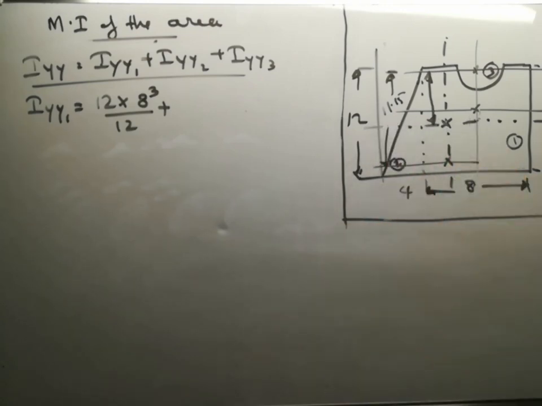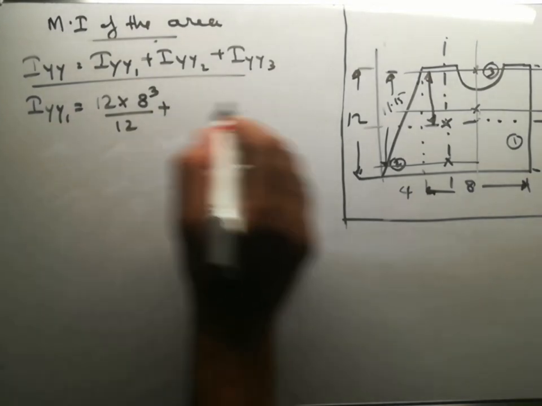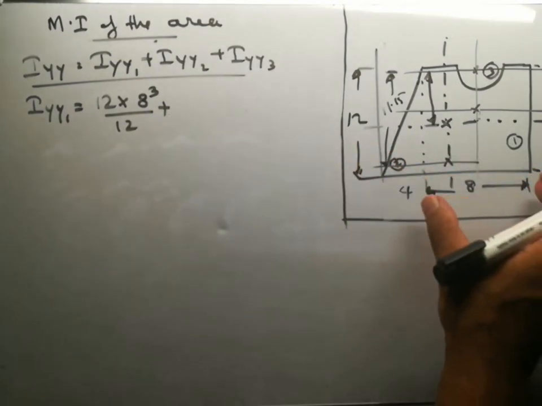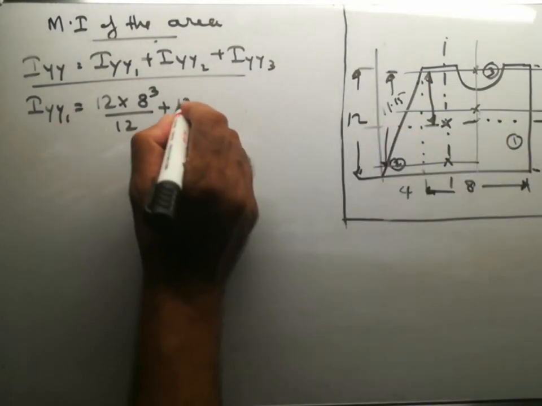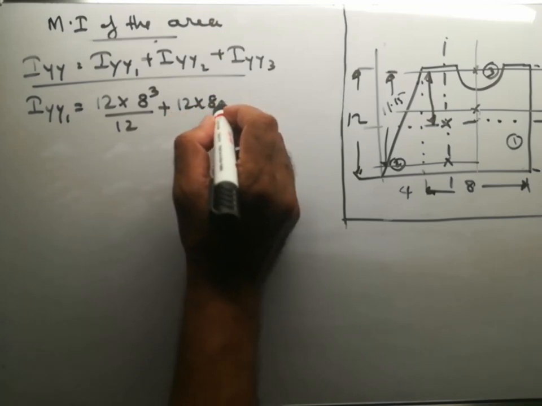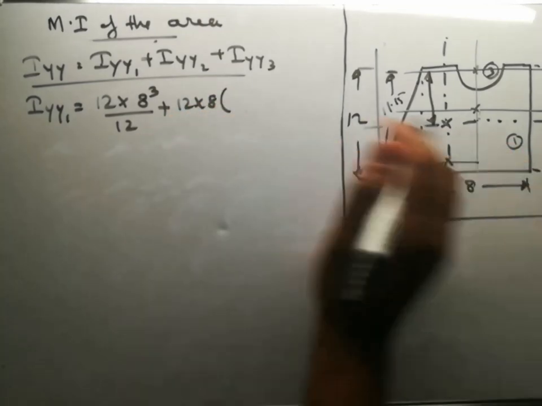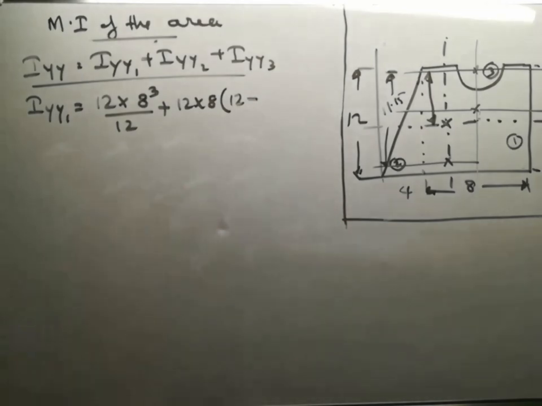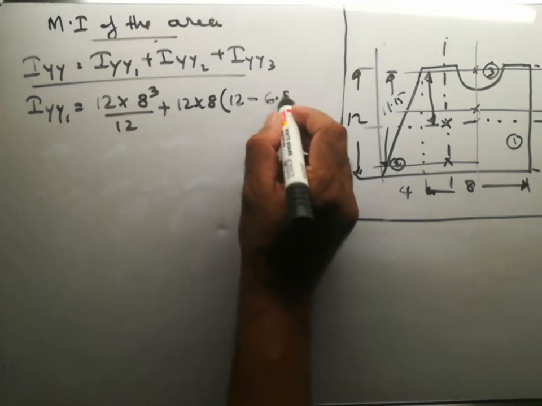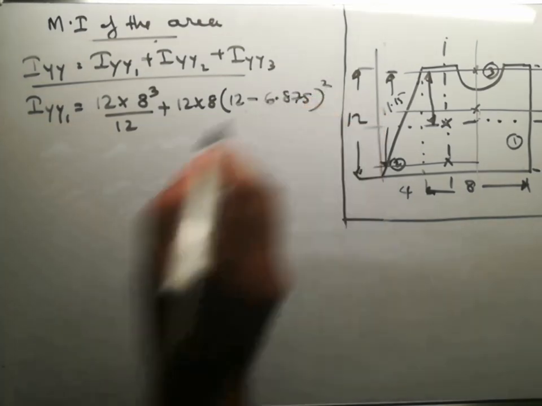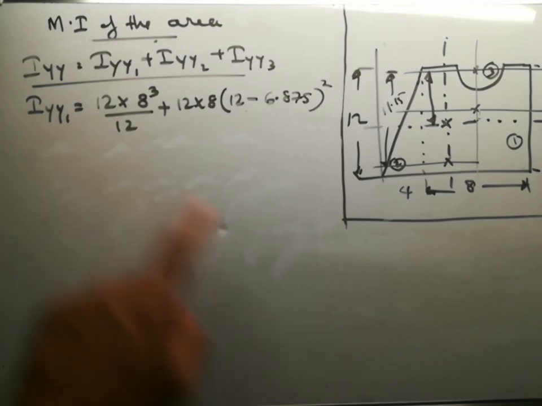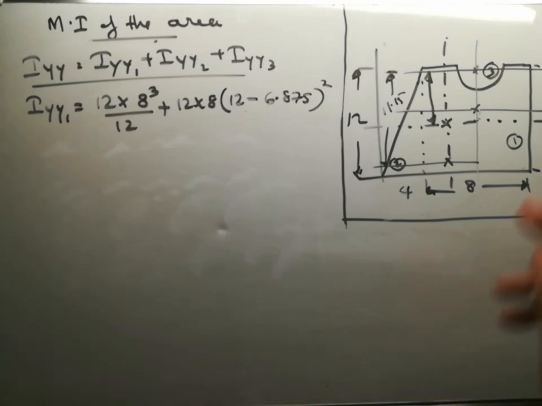So the area is 8 into 12, into 12 minus x bar, which was 6.875, squared.